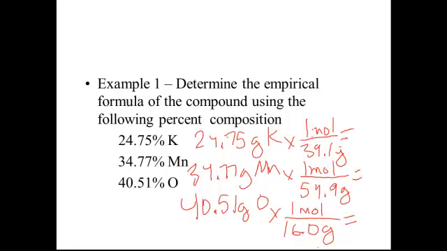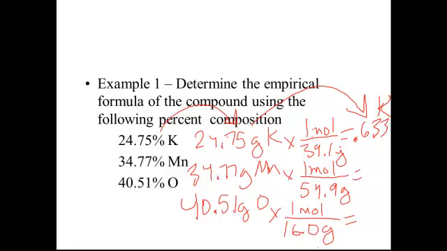So notice our first step, percent to mass, and now we're doing mass to moles. So percent to mass, mass to moles, divide by small, times till whole. Now I'm going to take my calculator: 24.75 divided by 39.1 equals 0.633, and that's potassium.